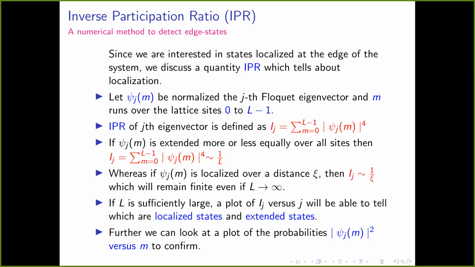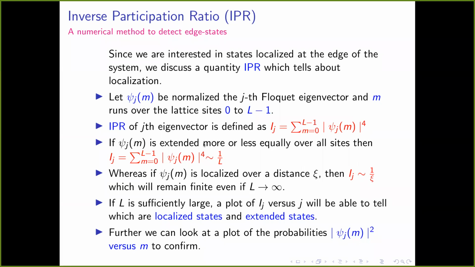This quantity gives a large value if you have a state which is localized, and gives a small value if you don't have a localized state. So the IPR is defined like this. If you have a wave function which is normalized, like psi j, the jth one of the eigenvectors, then IPR is defined as the sum over all sites m of mod psi to the power 4.